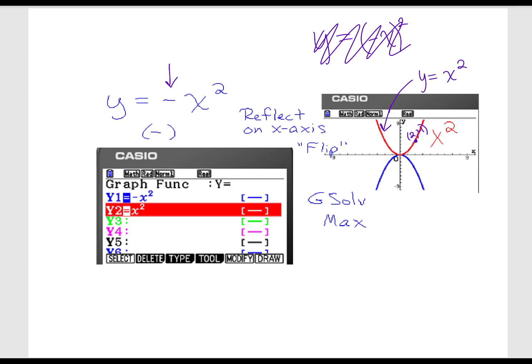There's our quadratic function. Okay, so if x is 2, then 2 squared would be our output. That would give us 4. But look, now we have (2, -4) for this function, y equals -x squared.